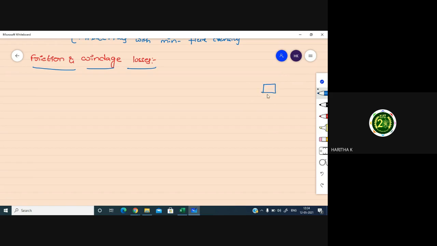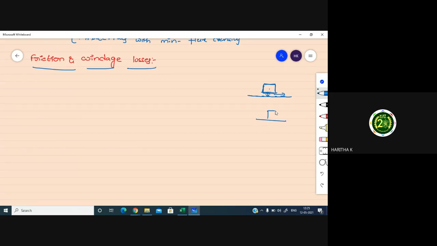See, I have an object, and this object is moving on this surface. This box, I am moving it on the surface. Then what will happen? There is a frictional force between this box and the surface. So whenever there is a moving part in the machine, this frictional loss will exist. Frictional force is nothing but the opposing force.